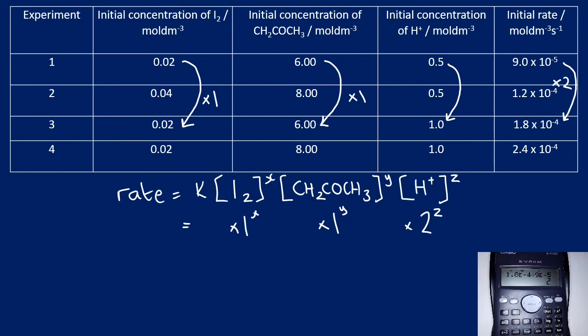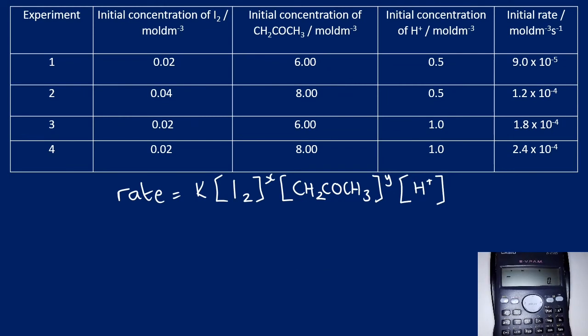So what's happening here is the rate is doubling. To simplify this, 2 is equal to, I can remove this and remove this because 1 to the power of anything is just 1. So 2 is equal to 2 to the z. Therefore, z is equal to 1. It's first order with respect to H+.